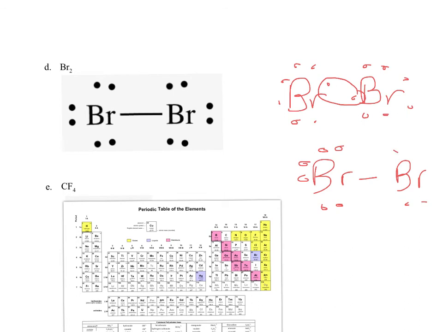So a question I might ask you on your test is, how many lone pair electrons does one of the Brs have? So you would go here and you'd count. It has 1 pair, 2 pairs, 3 pairs. So 3 sets of lone pair electrons for 1 Br. There's 6 pairs total, but 3 for 1 Br.